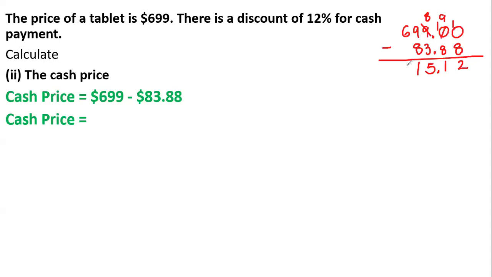And then 6 minus 0 is 6. Very good. So the cash price is going to be 615 point what? 0.12. Yeah. Very good.